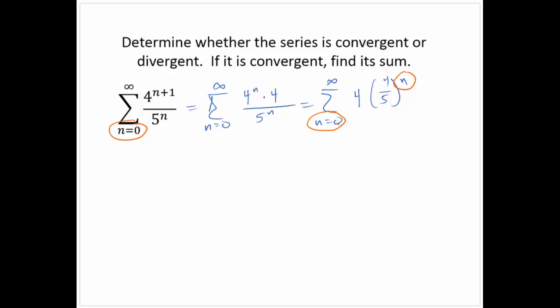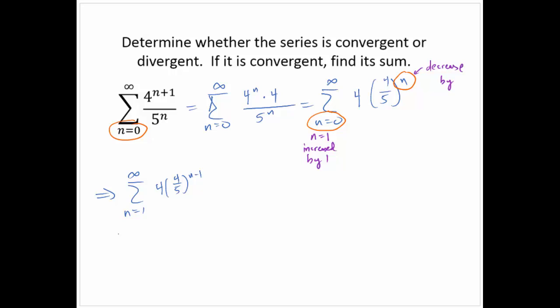If we want to start at n equals 1, if we increase this by 1, I have to decrease by 1 any appearance of n in the a sub n part. So then this becomes sigma n equals 1 to infinity of 4 times (4/5) to the n minus 1.